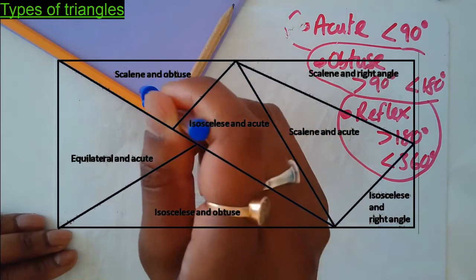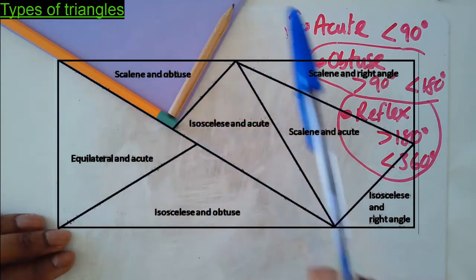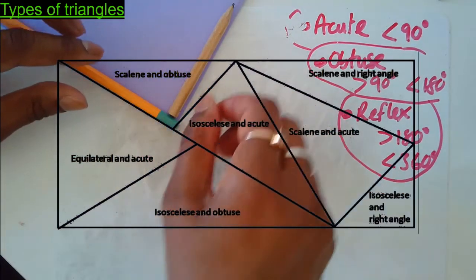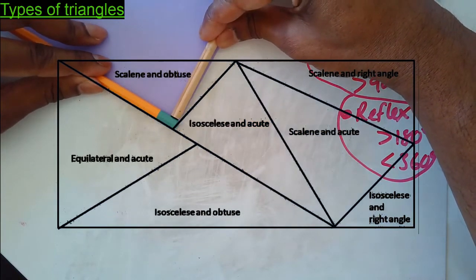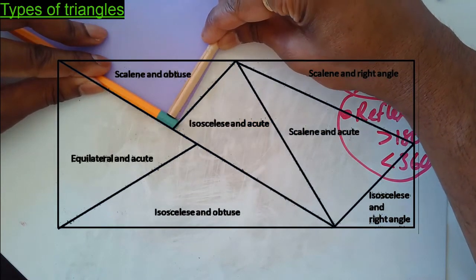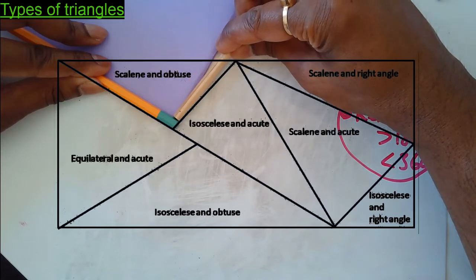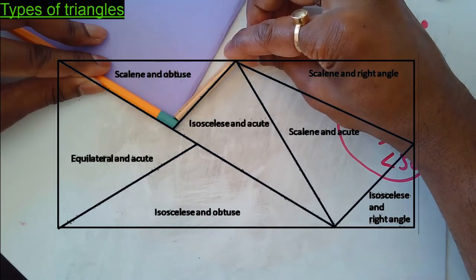Those two pencils make 90 degrees. The angle between those two pencils is 90 degrees. Now if I move my pencil to match up with the side of the triangle, obviously that's more than 90 degrees.